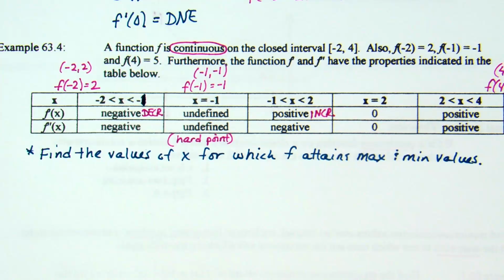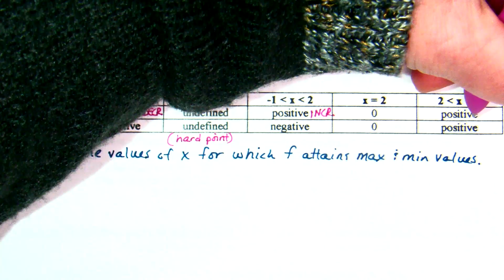Now, what does second derivative tell me? Concavity. A negative second derivative means it is concave down. Okay? Undefined. We already talked about that being a hard point. Another negative second derivative is concave down. And then the last one, it's positive second derivative, so concave up.